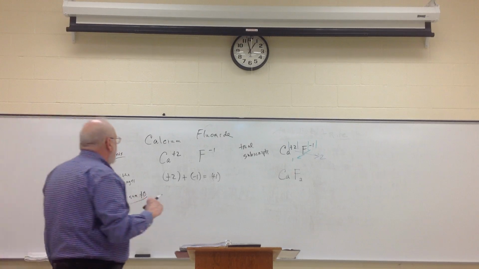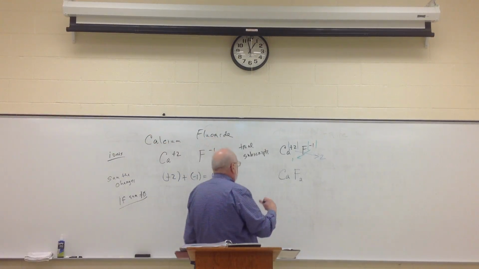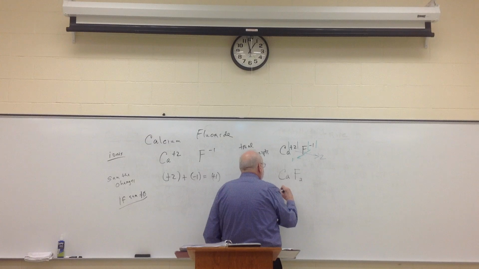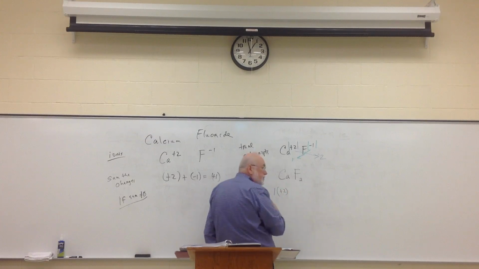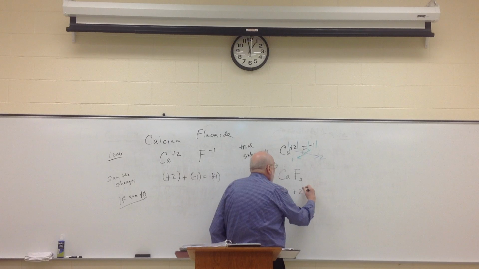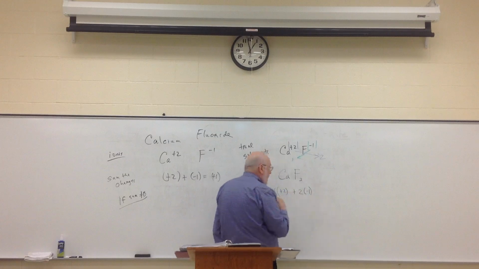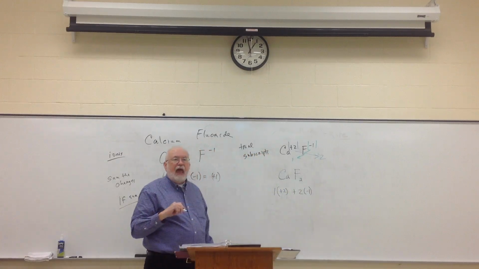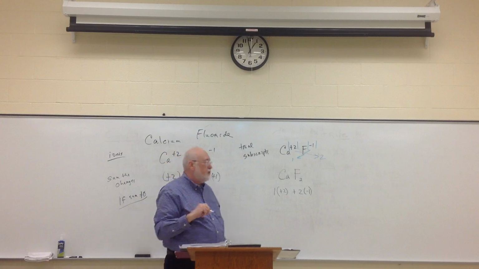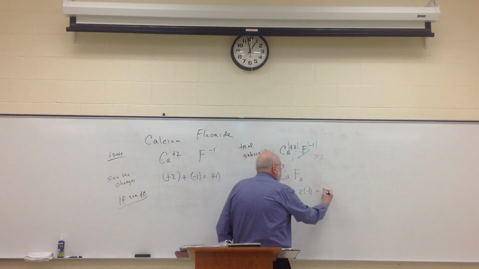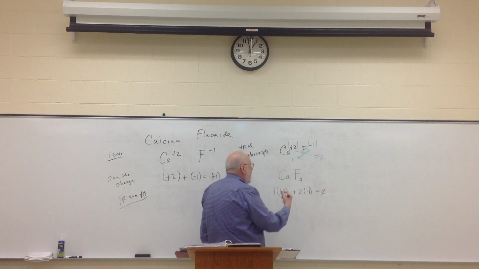All right, now let's check it out and see if this is electrically neutral. There's 1 calcium, and they're each +2, right? And there are 2 fluorides, and they're each -1. So what do you get when you add together a +2 and a -2? You get 0. So it checks out.